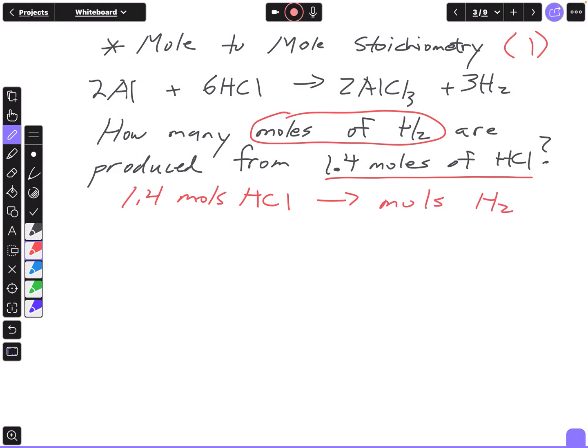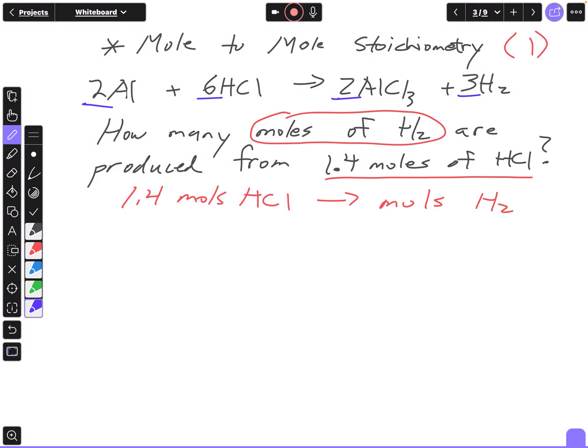produced from that. All right, well, the balanced equation tells me moles. It tells me that at the most basic whole number ratio, the simplest reduced down whole number ratio, every time 2 moles of aluminum react, it reacts with 6 moles of HCl, and the products are 2 moles of AlCl3 and 3 moles of H2.